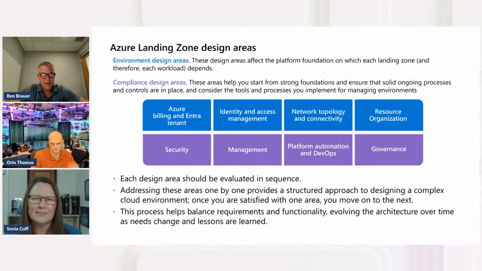One of the things I really like about this slide is the last bullet, because what the last bullet is doing is basically saying it's going to evolve. So whatever your setup is today, it's going to change. And that's because of two things. One is the architecture changes, but also you learn things. And so as you're learning and as new technologies come like AI, your platform is going to change too.